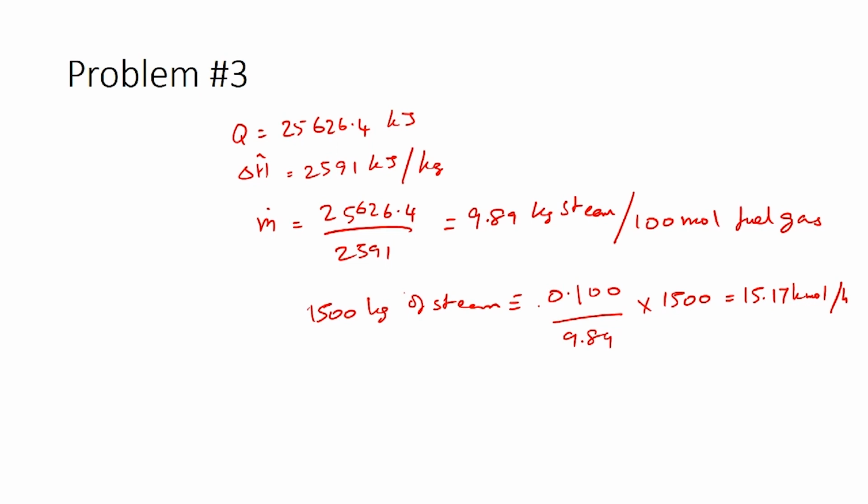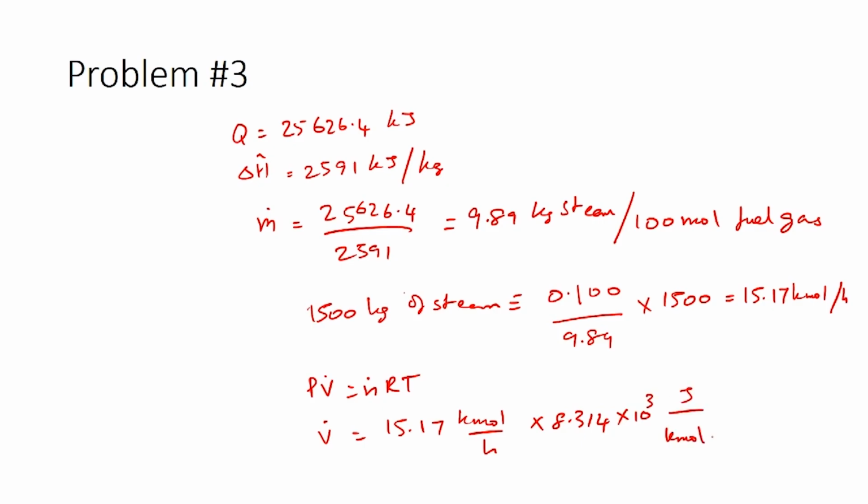So, 15.17 kilomoles of fuel gas has to be burnt per hour to get the required steam output, which is 1500 kilograms per hour. We have also been asked to calculate the volumetric flow rate for this. Using P V dot equals N dot R T, we can calculate V dot, which is 15.17 kilomoles per hour times 8.314 times 10 to the power 3 joules per kilomole Kelvin, times temperature 773 Kelvin, which is 500 degrees Celsius, divided by pressure, which is 1 atmosphere or 1.013 times 10 to the power 5 pascals.